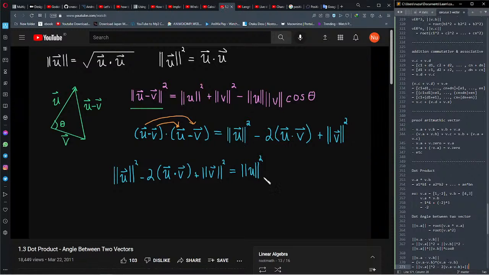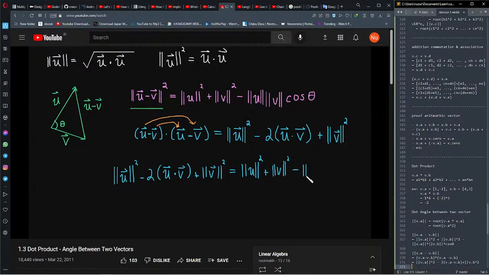So this is now the right-hand side of the equation from up there, plus the length of v squared minus the length of u times the length of v times the cosine of the angle between them.